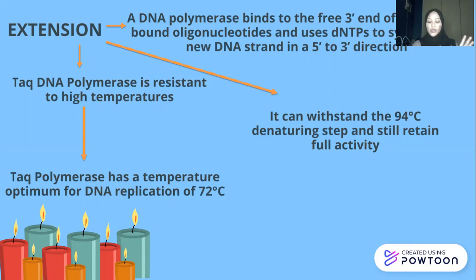Then the tube, along with the cofactor needed by the enzyme, repeats the cycle of heating and cooling. So we can get a new strand of DNA in this extension process. Also we can use 94 Celsius for the initiating step and still retain full activity.